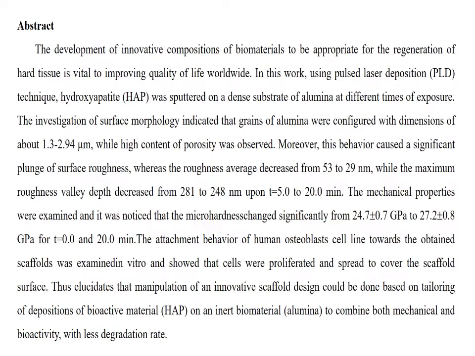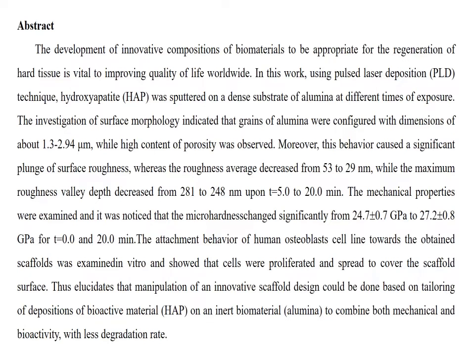Bioceramics such as titania, alumina, and zirconia are biocompatible substances and they possess high mechanical properties and good wear resistance, and were used for orthopedic and dental applications for decades.